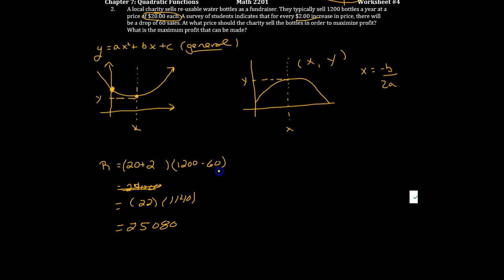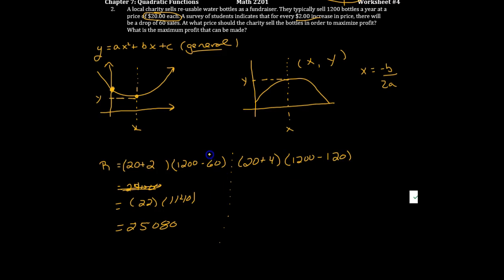But how many times can they keep doing this? So it may take you a while to figure it out. So you go, okay, well, originally the price was $20. Let's increase it again by another 2. Let's do that twice. So really, I'm going to put the price at $24. And instead of losing 60 people, they're going to lose 120 people.